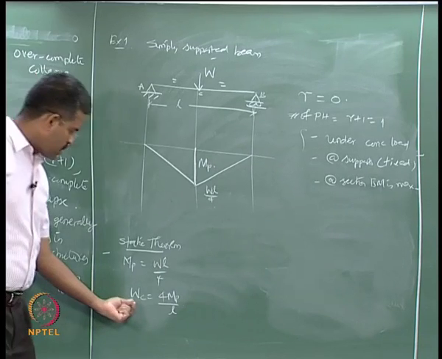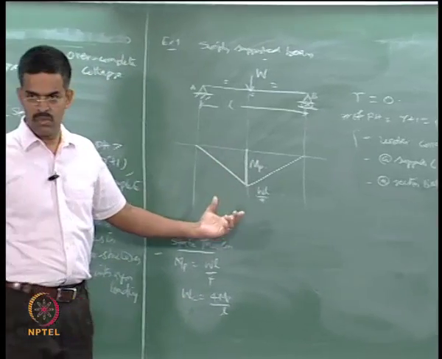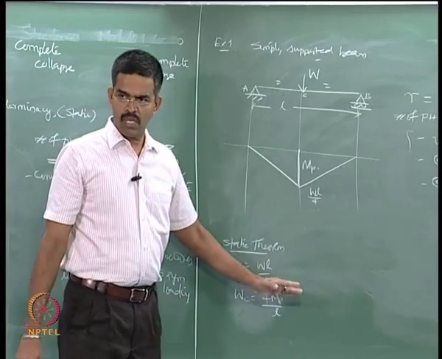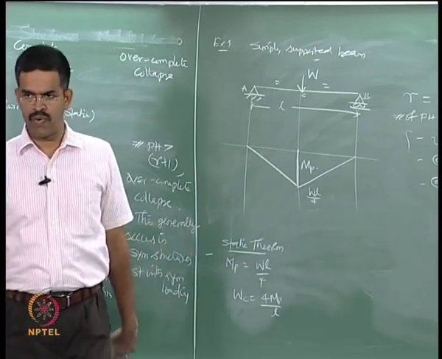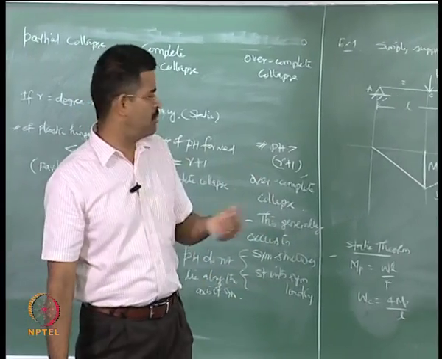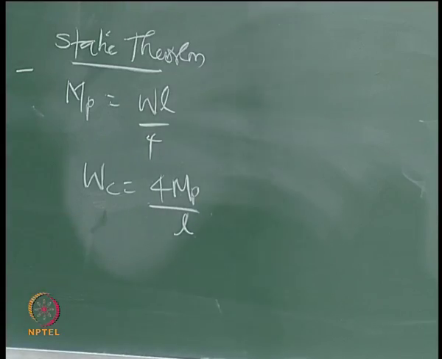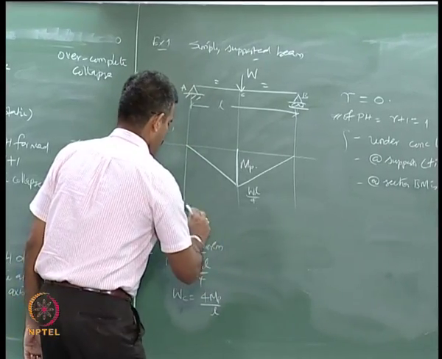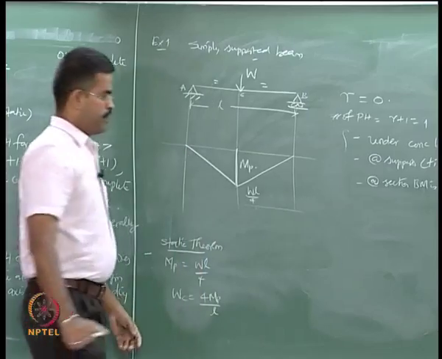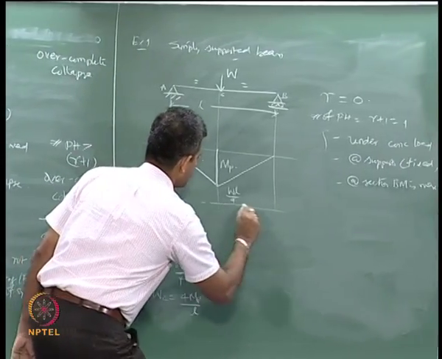I am writing the collapse load directly because there is only one possible bending moment distribution I can do. If I had a few more, I could pick up the values, compare them and find the highest, but there is only one possible distribution, therefore I wrote WC directly. Is that okay? Then let me draw the plastic hinge formation. This is the original line where the beam rests.